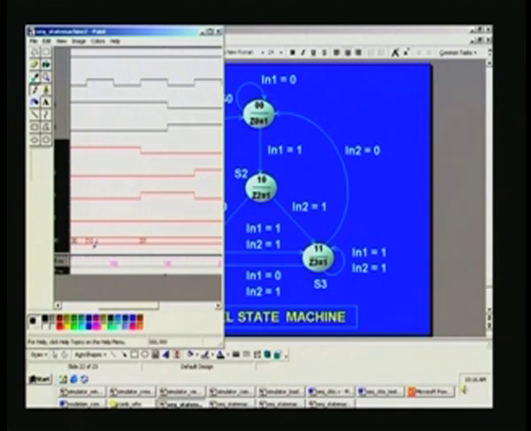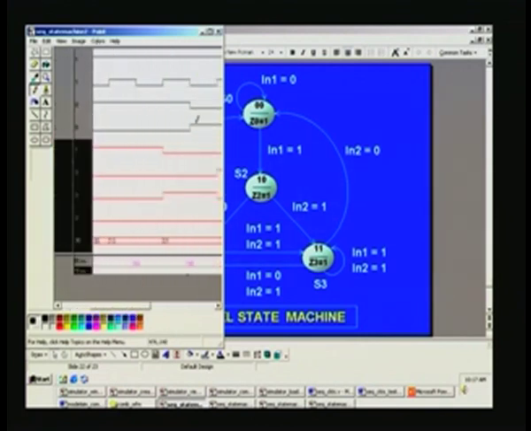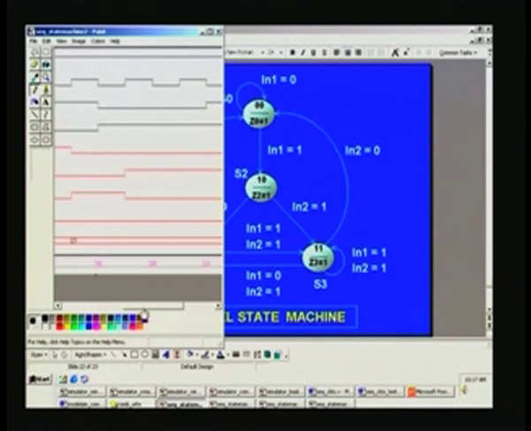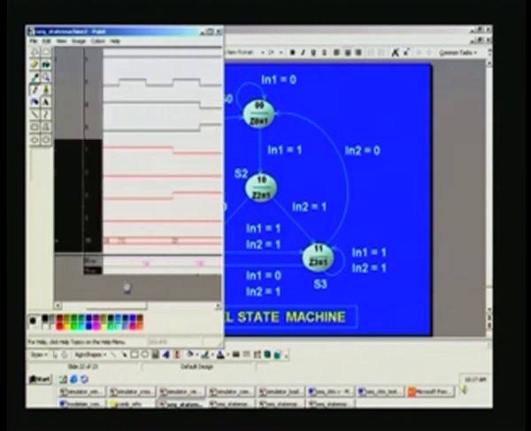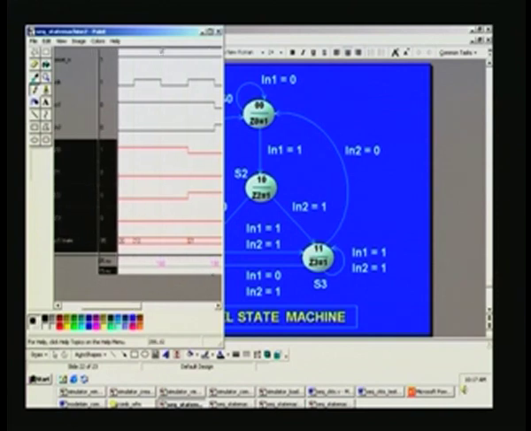So, we are in state 1 0 here, and corresponding in and out are these two. If you see, in is 0 here, so we are in the S1 state. Oh, we are looking at the wrong state, I think. S2 is the next state here. So, in this state, in1 is 1 and this is 0.